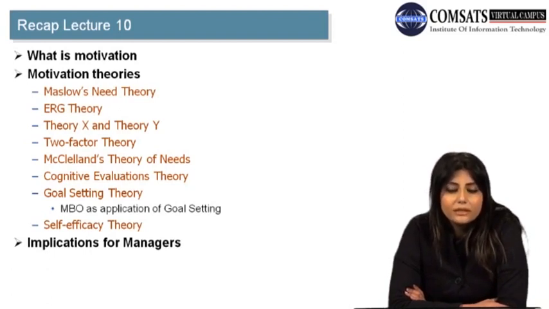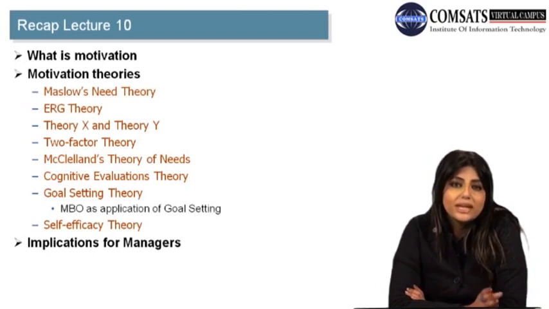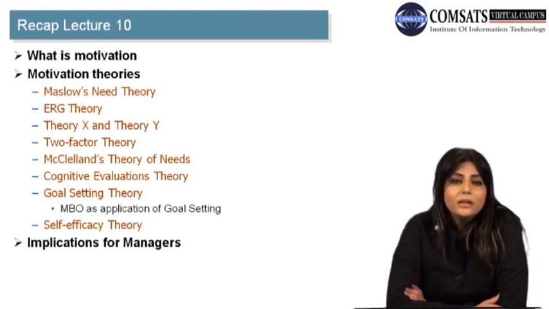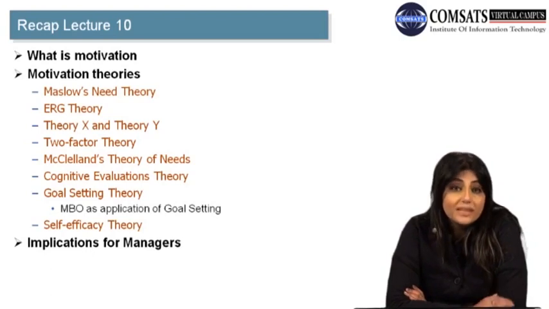Then the next theory which we discussed was the ERG theory. This theory is again related to Maslow's need hierarchy theory. Maslow divides the needs into 5 categories, and ERG divides the needs into 3 categories. E stands for existence, where the first 2 basic needs given by Maslow are met.